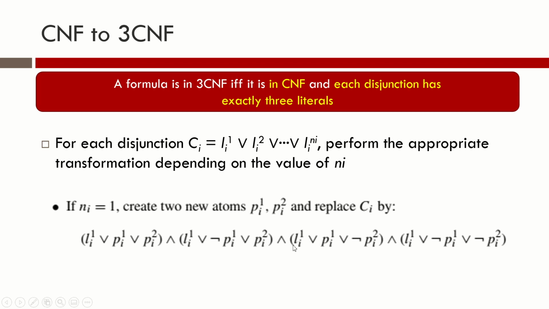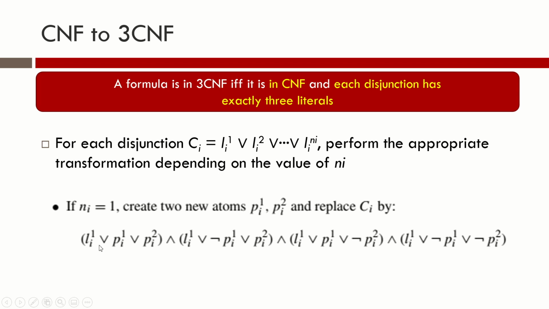Now, the conversion should be such that it doesn't change the truth value of your formula. If Li1 is true, then the truth value of this formula is also true, because in every disjunction we have Li1. So whatever the values of Pi1 and Pi2, the value of each disjunction will be true, and when you take the conjunction, the truth value will definitely be true.